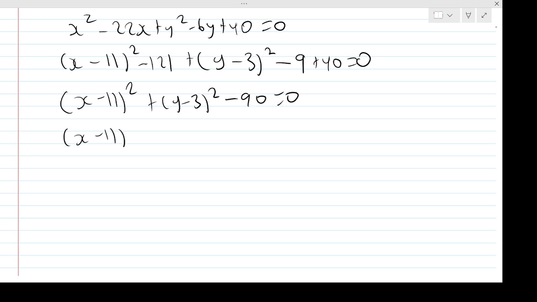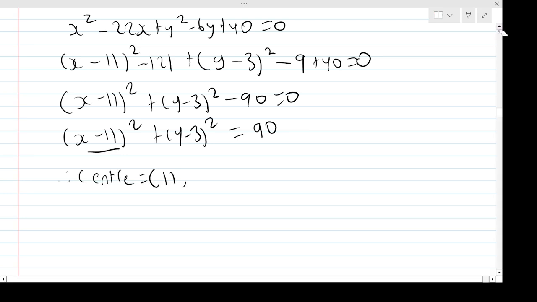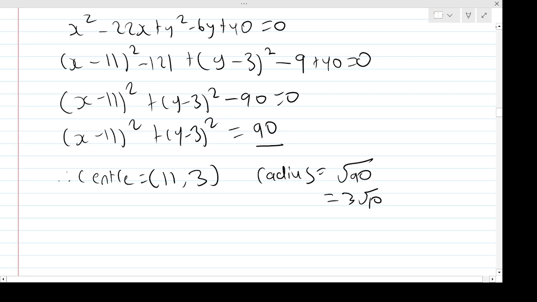Moving that to the other side, I get positive 90. Therefore the centre is plus 11 for x and plus 3 for y. The radius squared would be 90, so the radius would be root 90, which goes to 3 root 10.